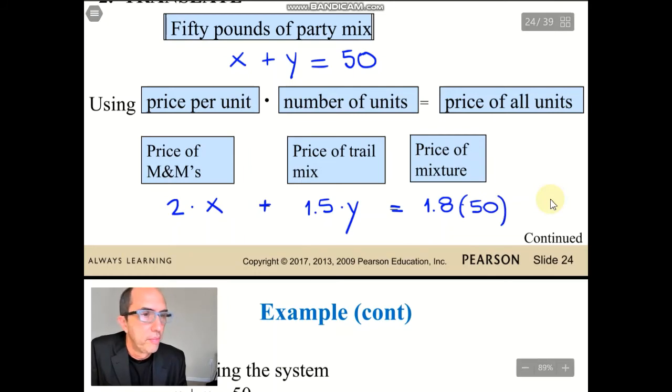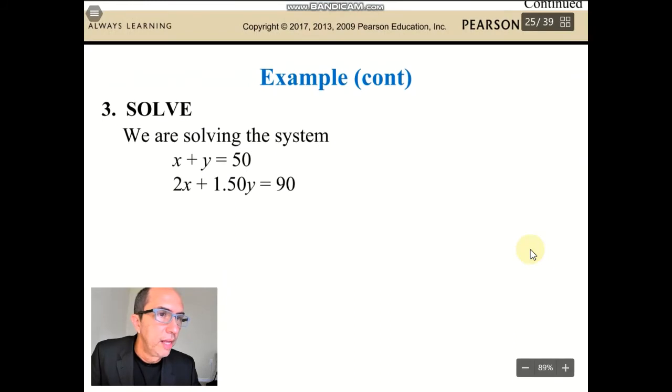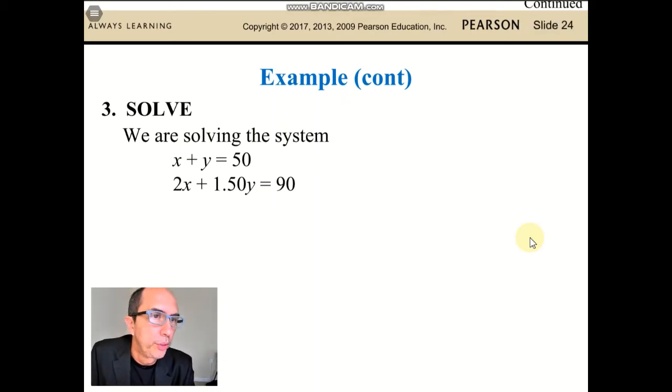Now we have a system: x plus y equals 50, and 2x plus 1.5y equals 90, which is 1.8 times 50.